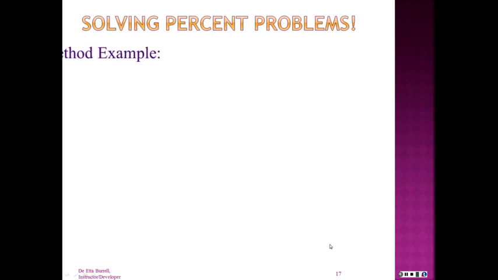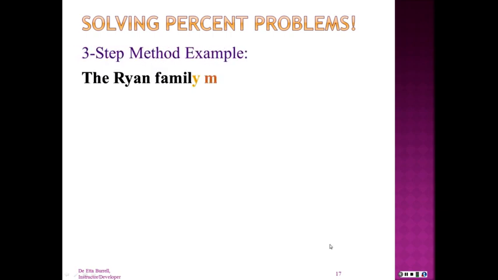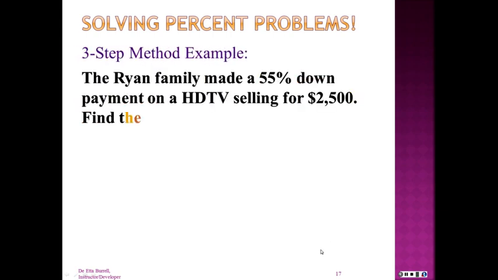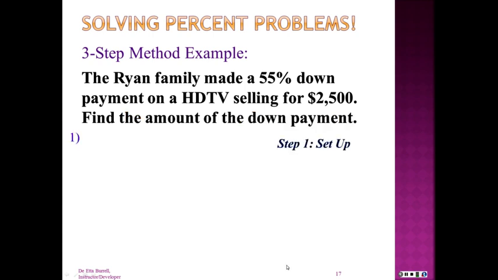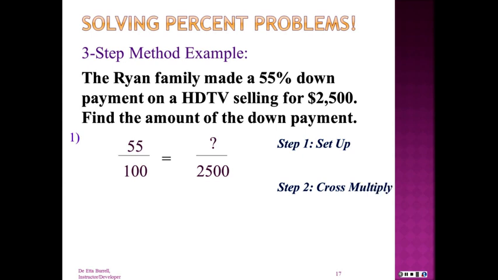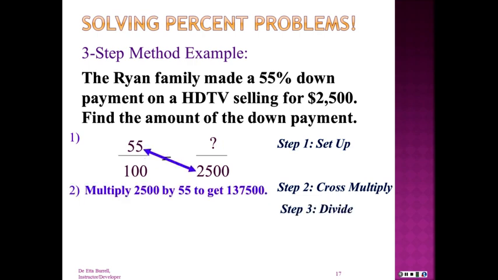Now on this example, which was a delicious yum, we set this up as 55 over 100 equals I don't know over 2,500. Where am I going to cross multiply? 55 times 2,500 gives me 137,500.